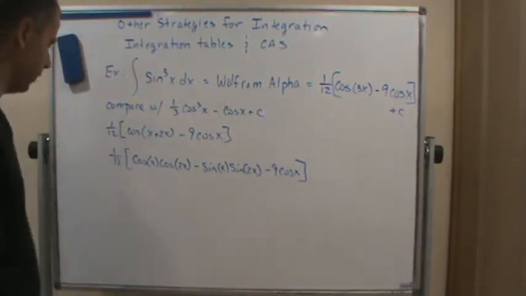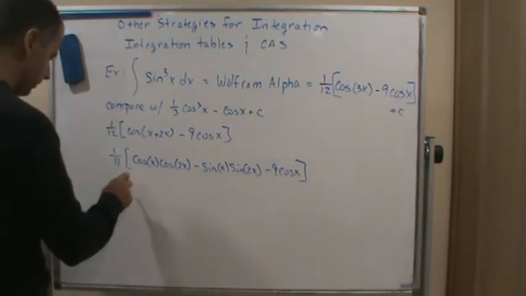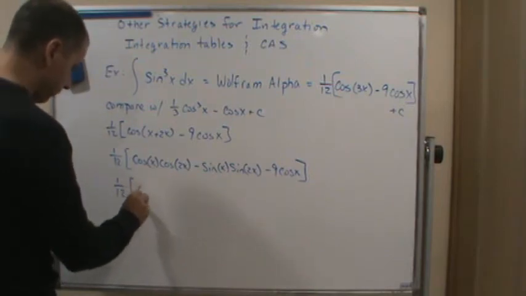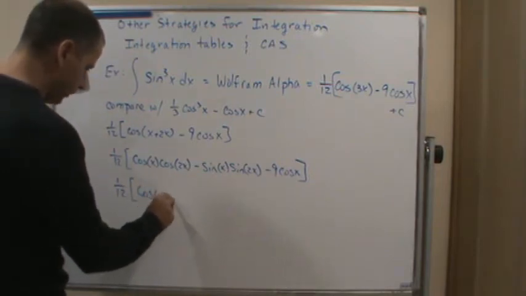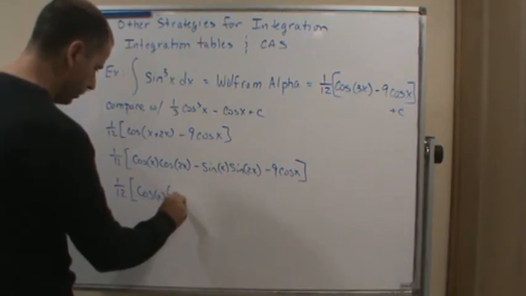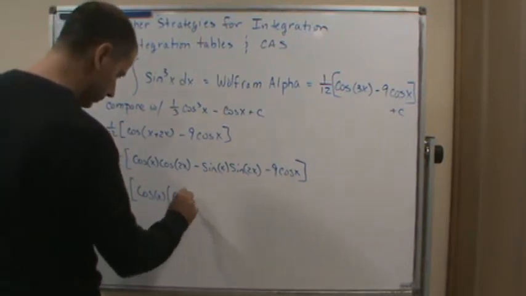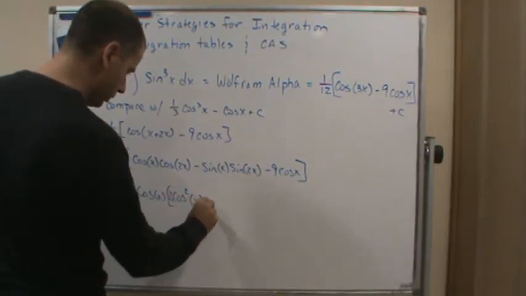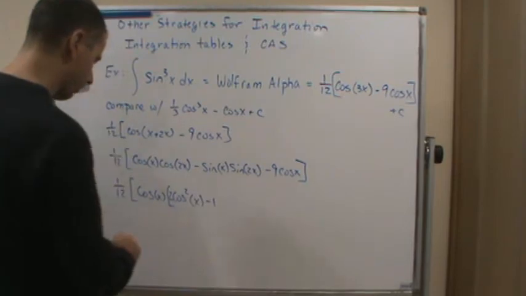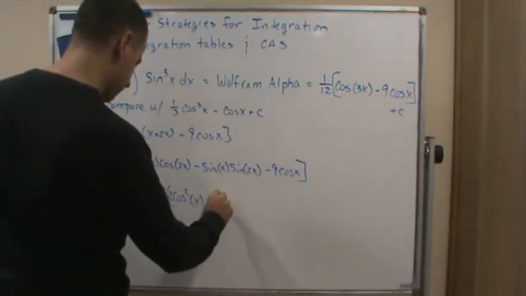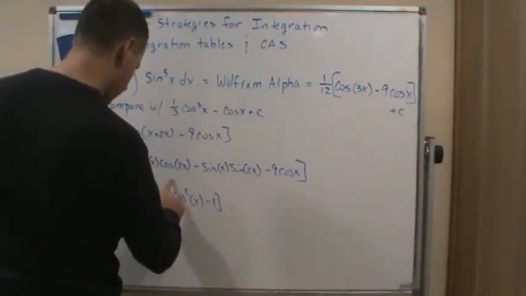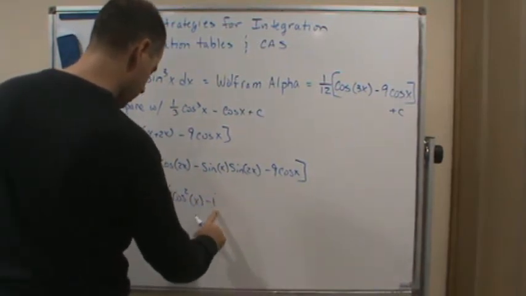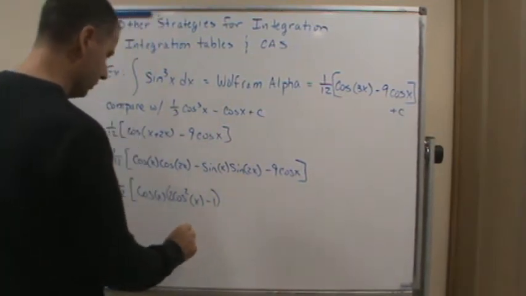Okay, so the one that I'm going to use for cosine squared is going to be this.